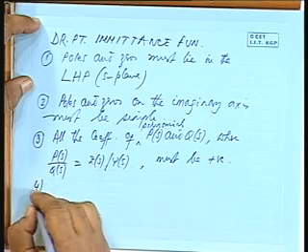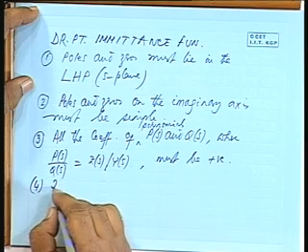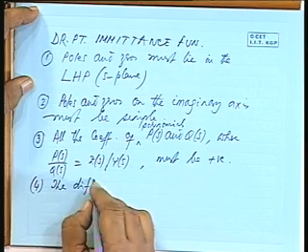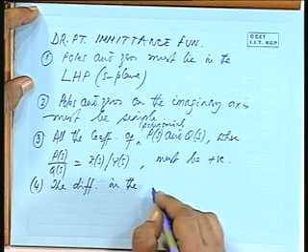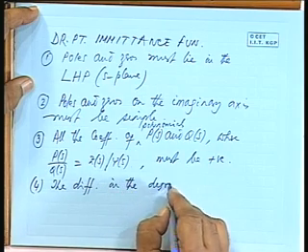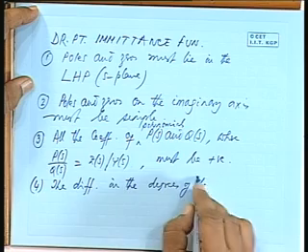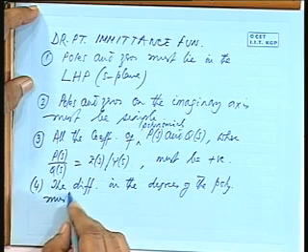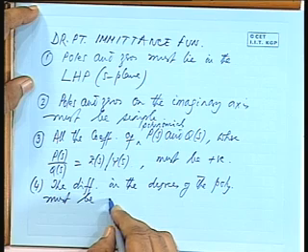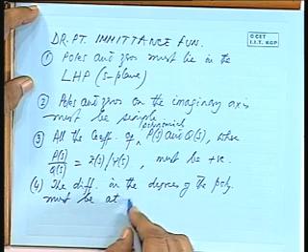So the next property is that the difference in the degrees of the polynomial must be restricted to at the most 1.